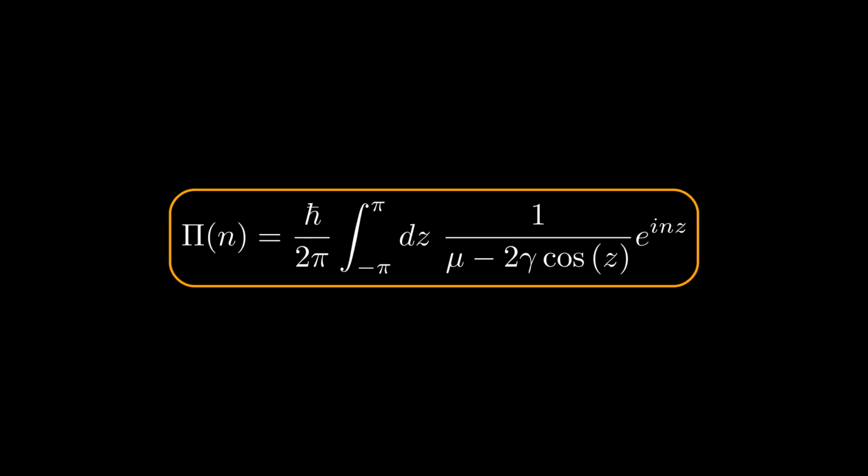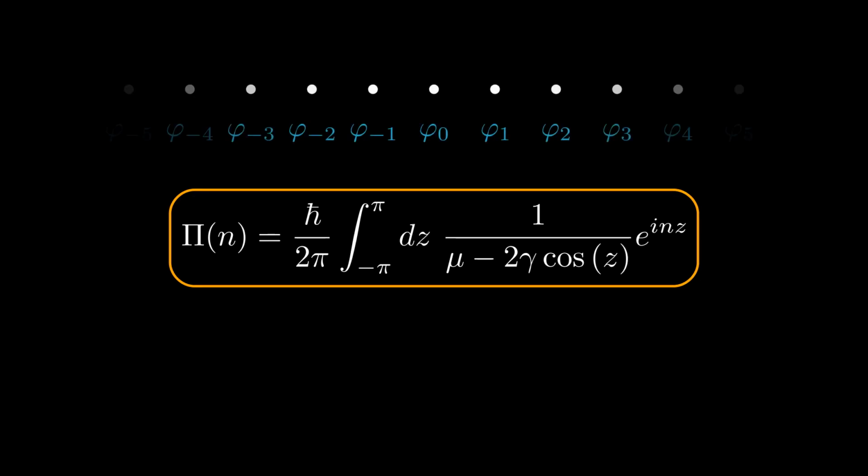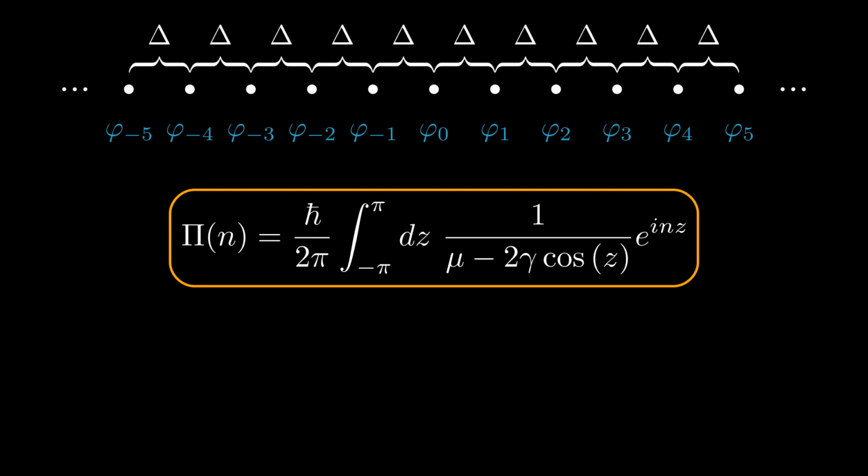Now that we have our definition of the propagator in one spatial dimension, let us clear up the connection between the discrete set of quantum fields and the observable world. To achieve this, we shrink the distances between our zero-dimensional quantum fields to infinitesimally small magnitudes, represented by the tiny unit delta. In this regard, we rewrite our position as x equals n times delta.